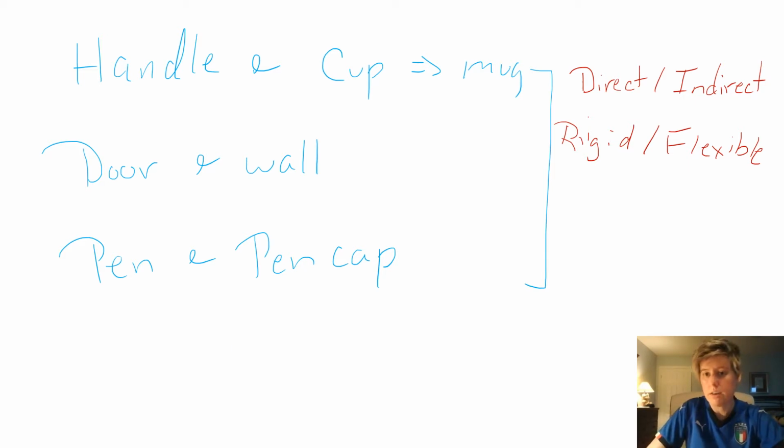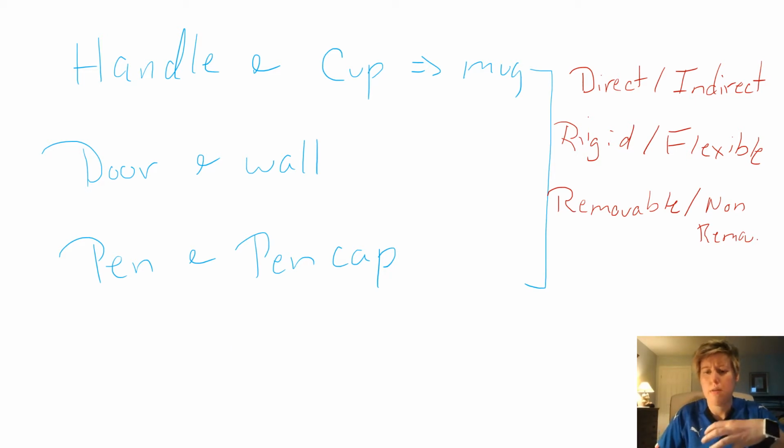Our third characteristic is probably one of the easiest ones to visualize: if it's removable. Can the two components come apart, or is it non-removable? Are the parts permanently connected in the sense that if you try to take them apart, they incur damage?